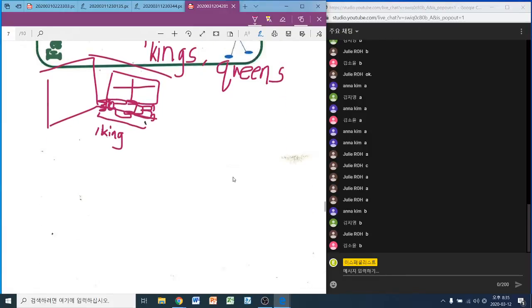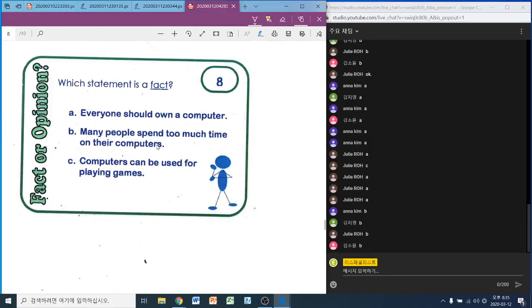All right, next one. Which statement is a fact? A. Everybody should own a computer. B. Many people spend too much time on their computers. C. Computers can be used for playing games. Everybody choose your answer.